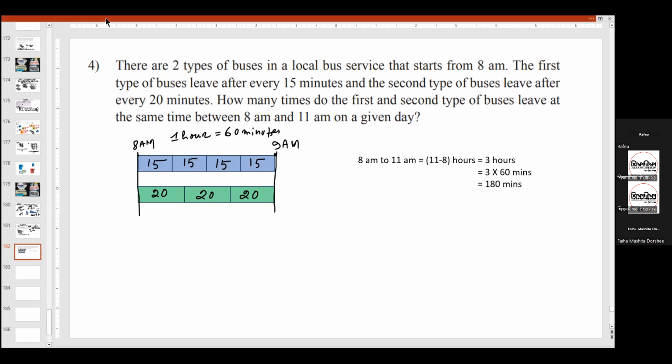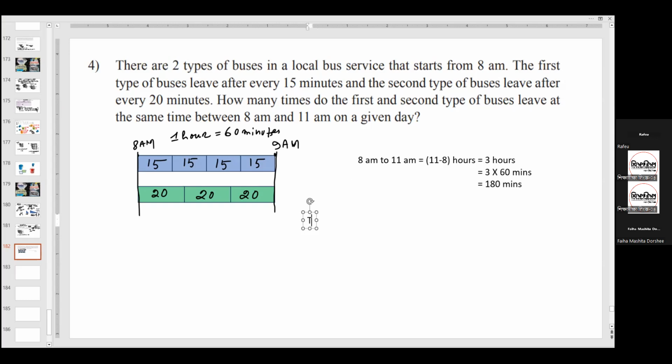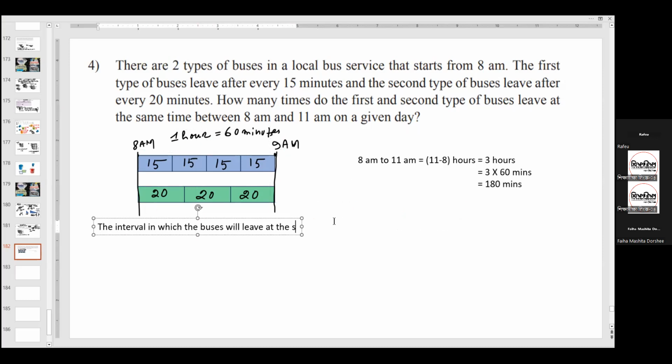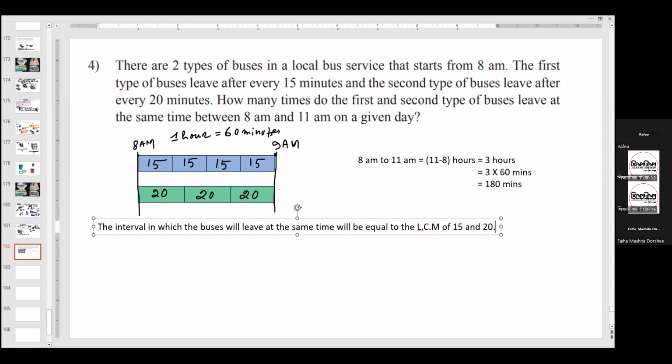So we can write that the interval in which the buses will leave at the same time will be equal to the LCM of 15 and 20, right?